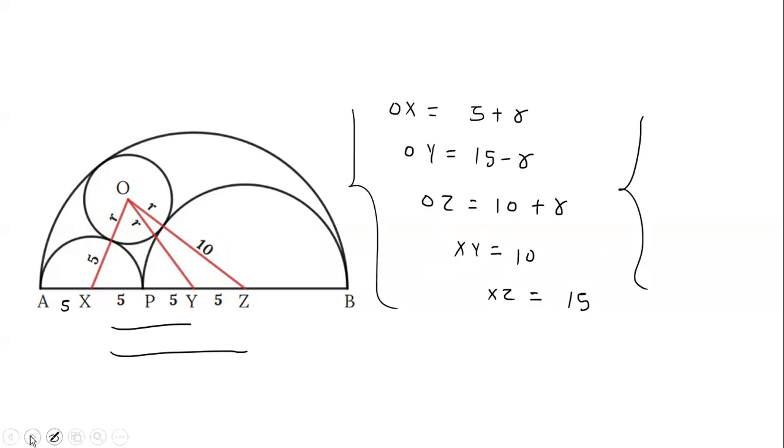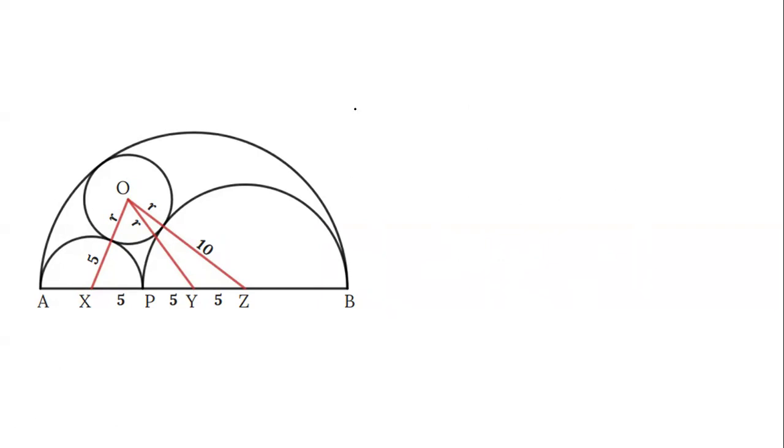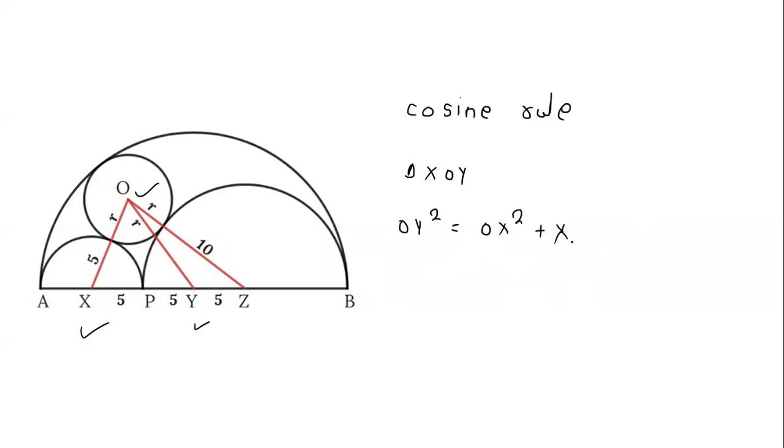Now, after calculating different distances, we can apply cosine rule in different triangles for getting some relationships. So let's choose the triangle XOY. So this is X, this is O, this is Y. So in this triangle, I can write cosine rule as OY square is equal to OX square plus XY square minus 2 times OX XY into cos of angle OXY.